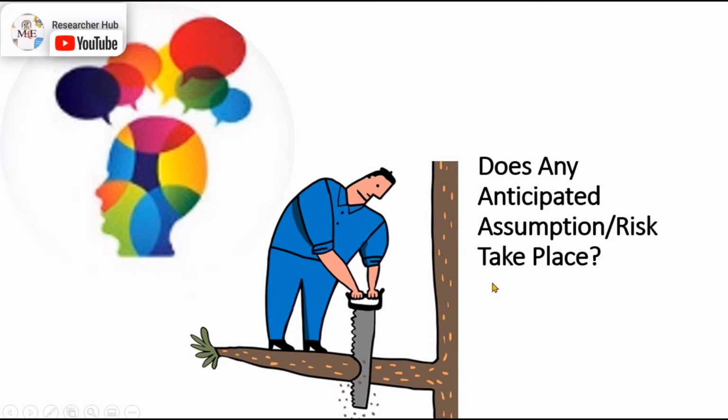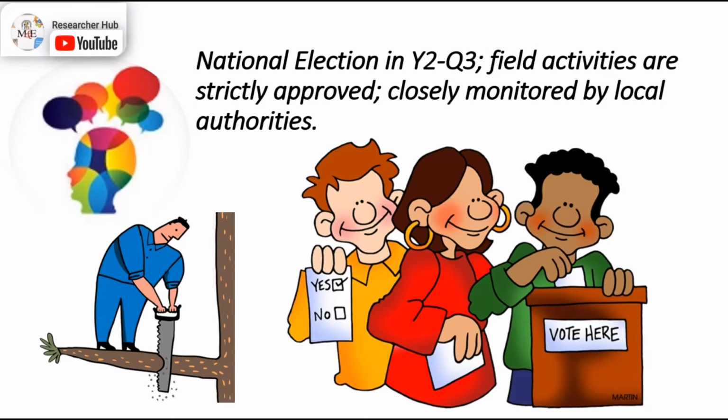Is there any unanticipated risk or assumption that might take place from day to day of the project intervention? For example, in almost every country, particularly in my country, one assumption or risk that most projects list down because it significantly affects project implementation is the national election in year 2 or Q3.